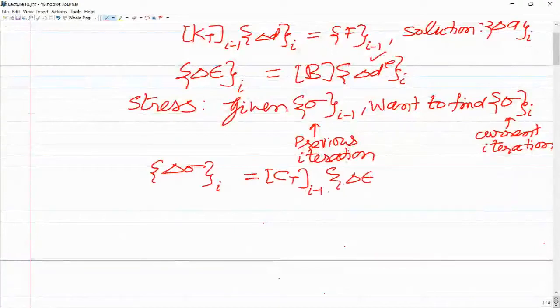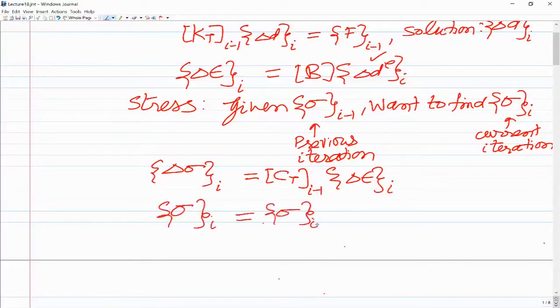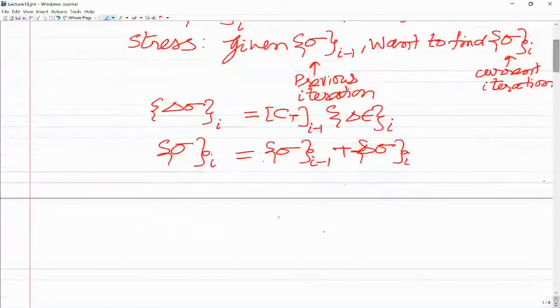So delta sigma I equals CT of I minus 1 into delta epsilon I. You may think that we can do this and then update the stress, so sigma of I is equal to sigma of I minus 1 plus delta sigma I. This is the straightforward thinking. But the problem is that in this calculation process we are not satisfying the yield criteria. So actually this doesn't work.